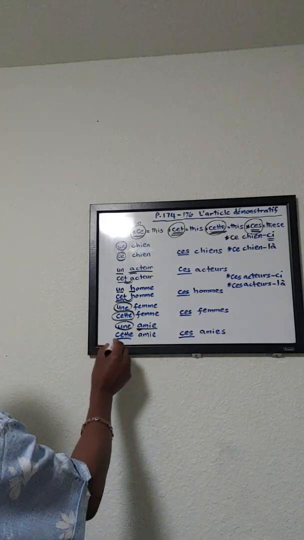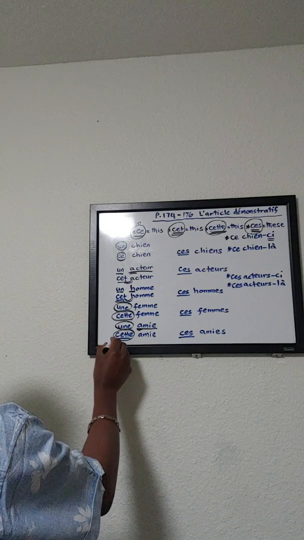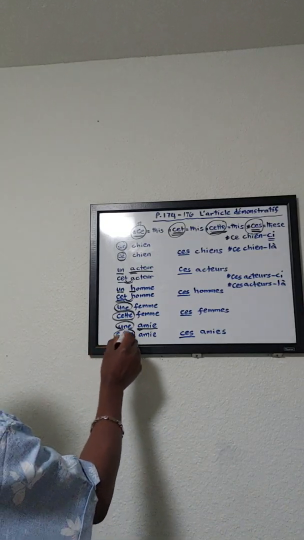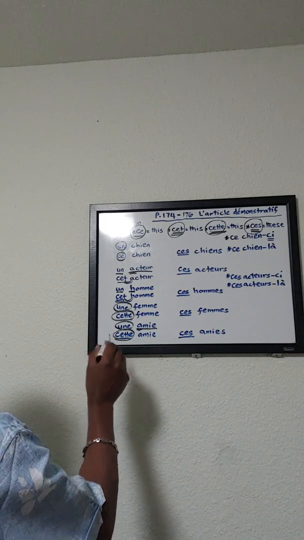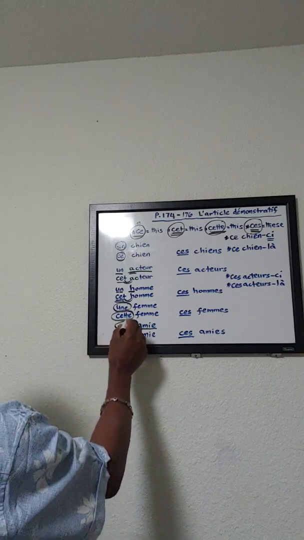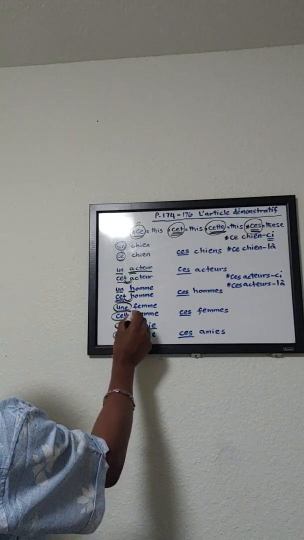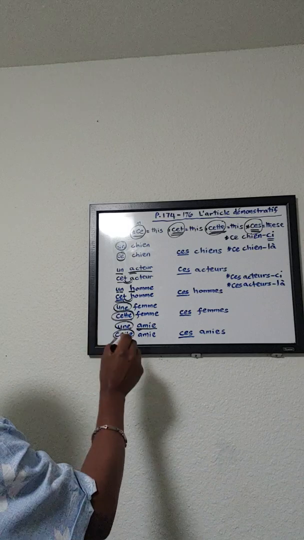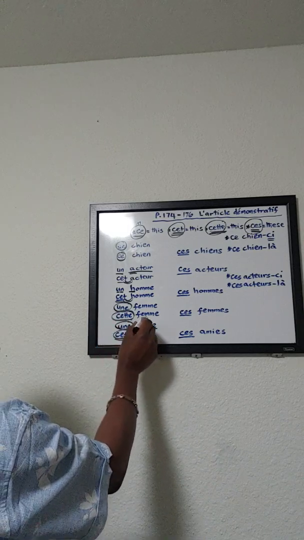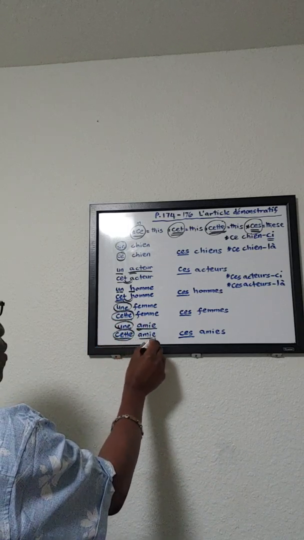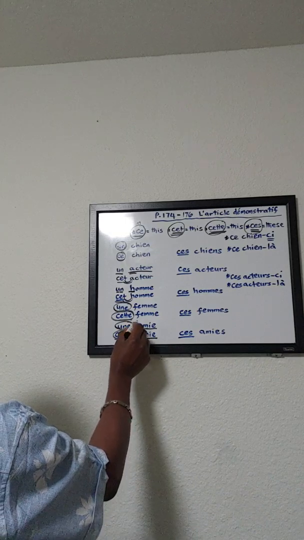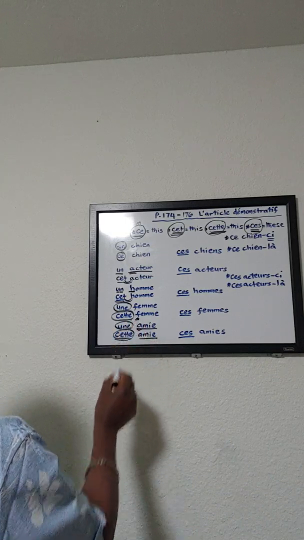Now you realize that we are using the same set. So you will say to yourself, okay, so if the feminine singular noun begins with a vowel, you use the same thing as the one not beginning with a vowel. So here, cette femme, this one does not begin with a vowel.